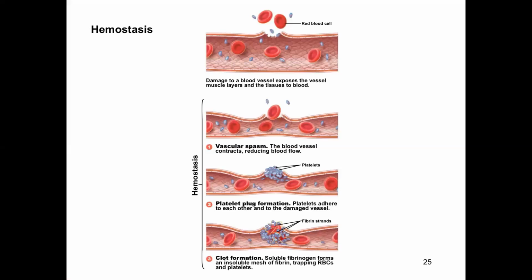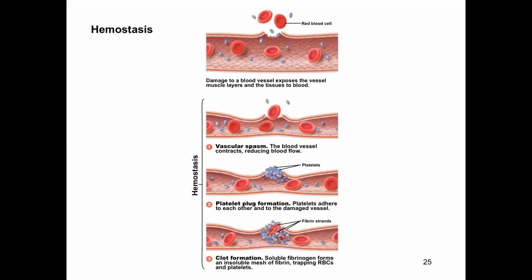If you have a scab, for example, that's why it has that red color, because there is blood stuck in that mesh of fibers. That mesh of fibers is called fibrin, and that's formed from your fibrinogen. So if you've ever had a scab and it's really tight at first and it's holding onto your skin, that's because of that mesh of fibers that's holding it in place.